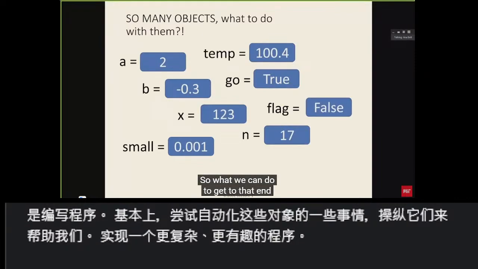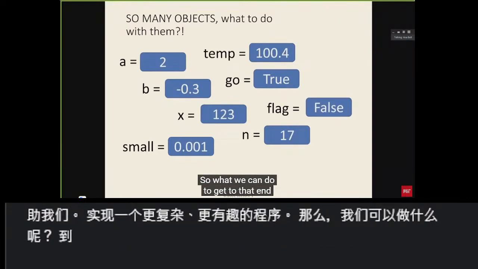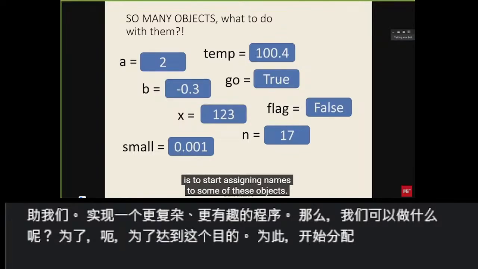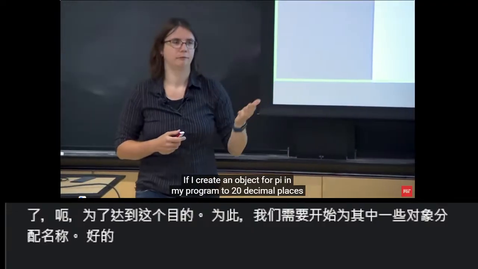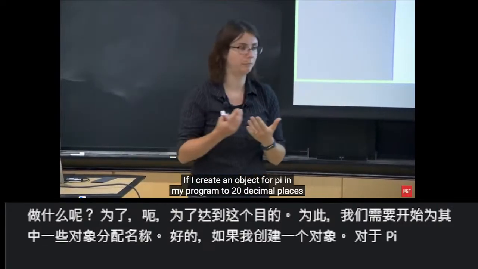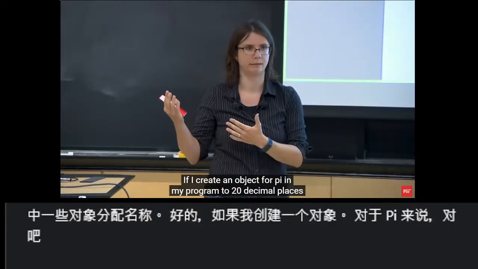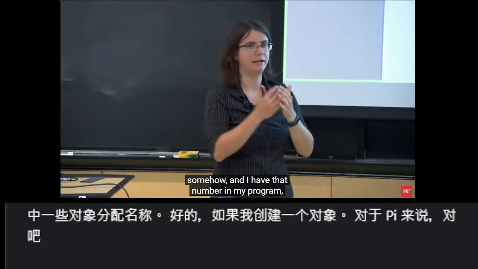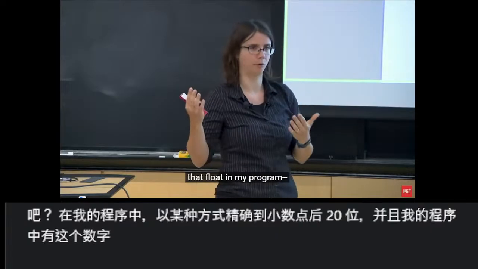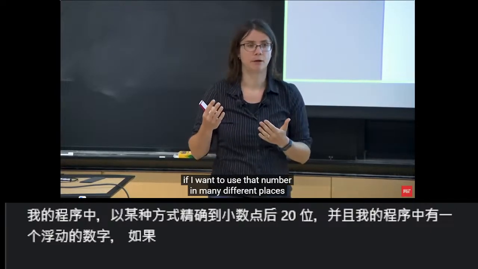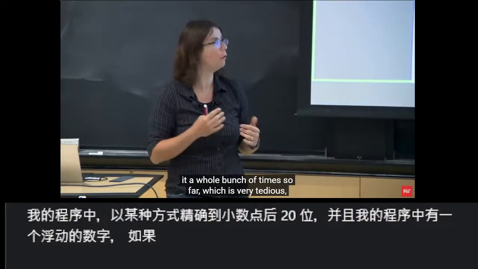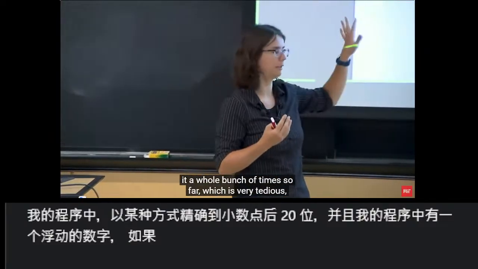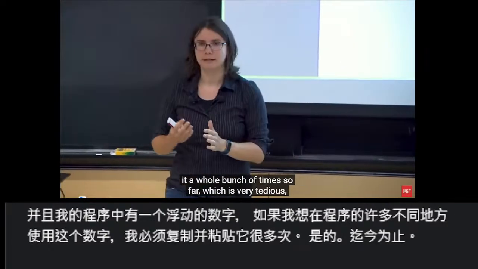So what we can do to get to that end is to start assigning names to some of these objects. Okay? If I create an object for pi in my program to 20 decimal places somehow, and I want to use that float in many different places in my program, I'd have to copy and paste it a whole bunch of times, which is very tedious.